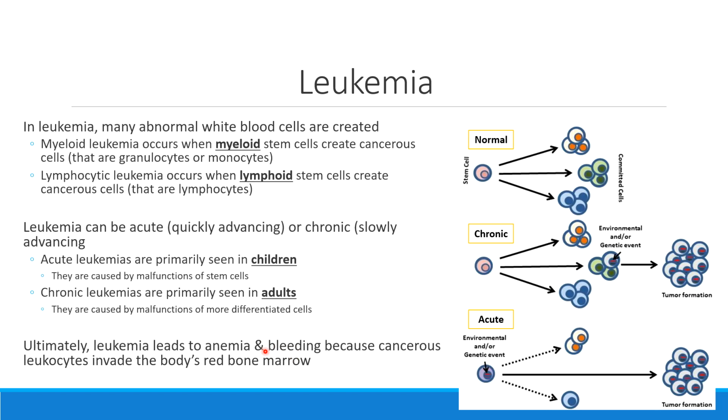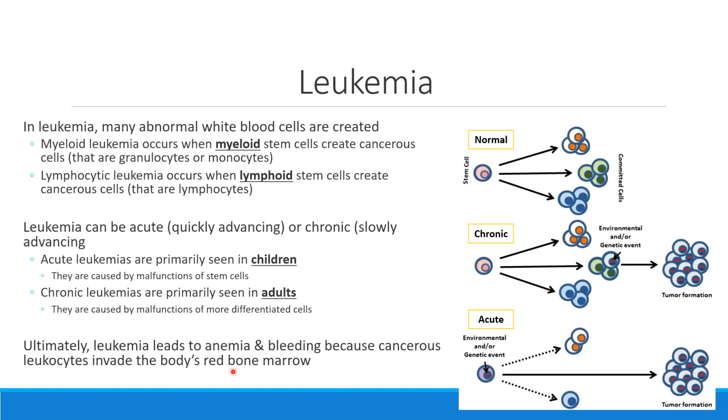The reason we see low numbers of red blood cells and excessive bleeding is because when we have these cancerous white blood cells, these cancerous leukocytes, they end up going into the body's functional red bone marrow, where we make red blood cells and where we make platelets, and they end up taking over. We no longer have healthy cells to make any of our blood cells.